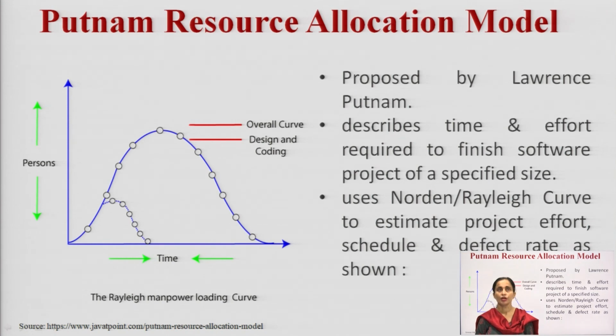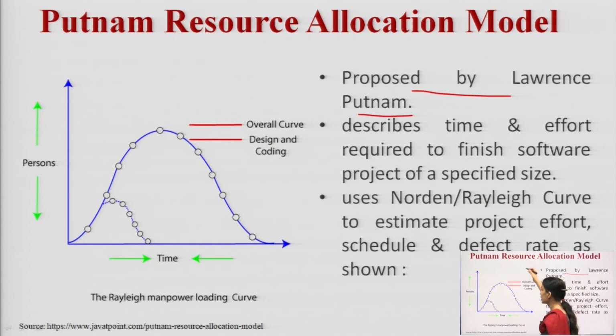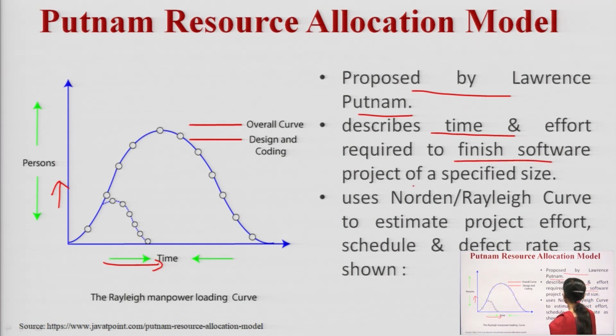The next is the Putnam resource allocation model. It was proposed by Lawrence Putnam, which is why the name is given like this. This model plots the persons against time, and here I am finding the overall curve for designing and coding. The time and effort are estimated here just to finish the software project for a specified size.